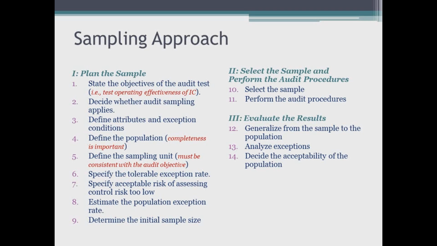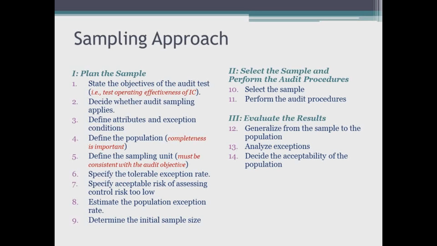If you're testing occurrence for sales, you're going to define your sampling units as duplicate sales invoices, and an exception would be that there's no shipping document to support those sales invoices.